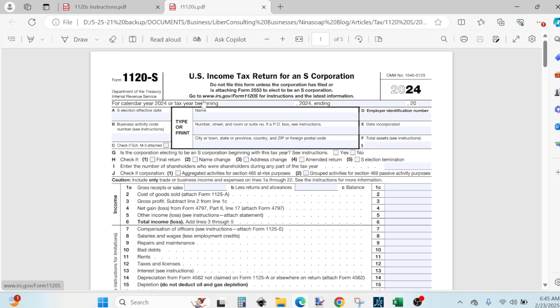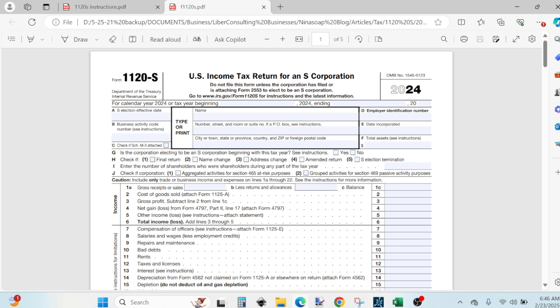what to expect. So when you look at Form 1120S, first, Form 1120S is filed by S corporations and LLCs that elected to be taxed as an S-Corp. So you'll go to S election.